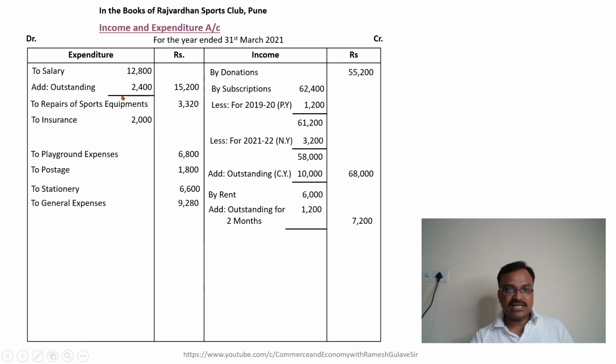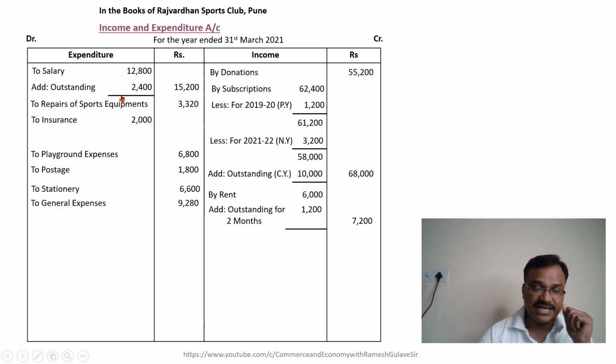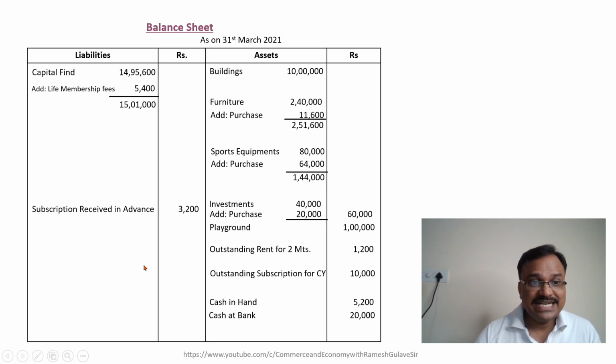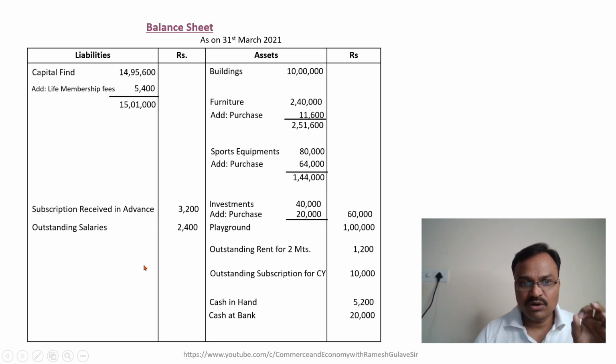As this is an expense which is outstanding, it is a liability for us. So outstanding salary or outstanding expense, as salaries are an expense, outstanding expenses are basically a liability. So we have to record this 2,400 on the liability side as outstanding salaries. So here outstanding salaries 2,400, right?